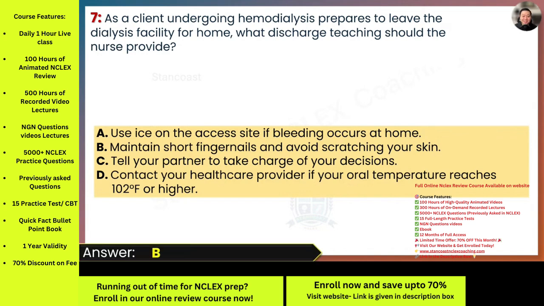Why is that? Well, many dialysis patients experience itching due to uremic frost, which happens when waste products like urea crystallize on their skin because the kidneys are not filtering properly.